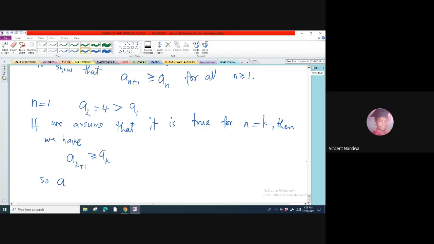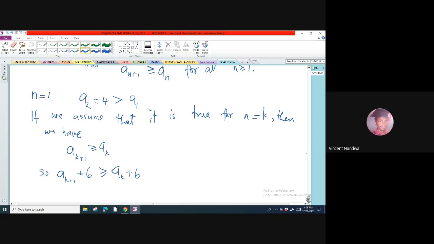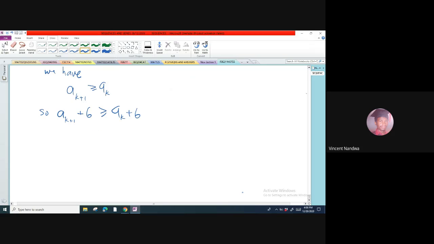So ak plus 1 plus 6 must be greater than or equal to ak plus 6. And a half into ak plus 1 plus 6 must be greater than a half ak plus 6. Thus, ak plus 2 is greater than ak plus 1.